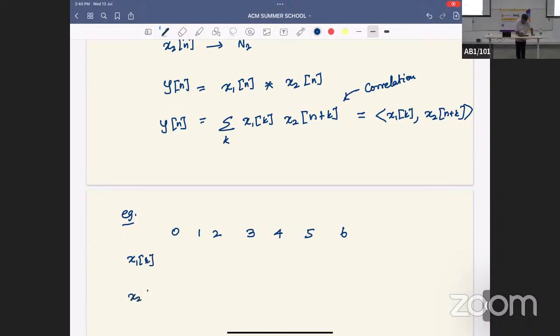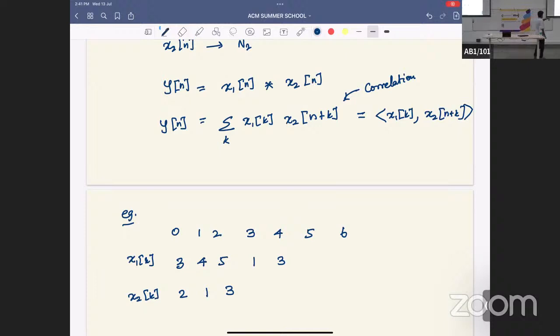So n is the shift we are going to make on the x2 of k, according to the equation. Now let me put some random values: 3, 4, 5, 1, 3 for this one, and this one is going to have 2, 1, 3.